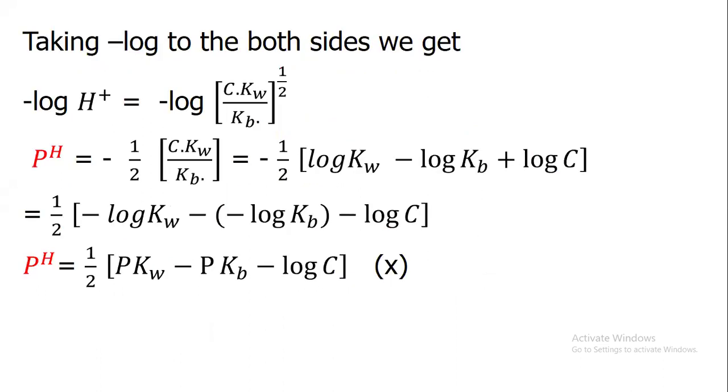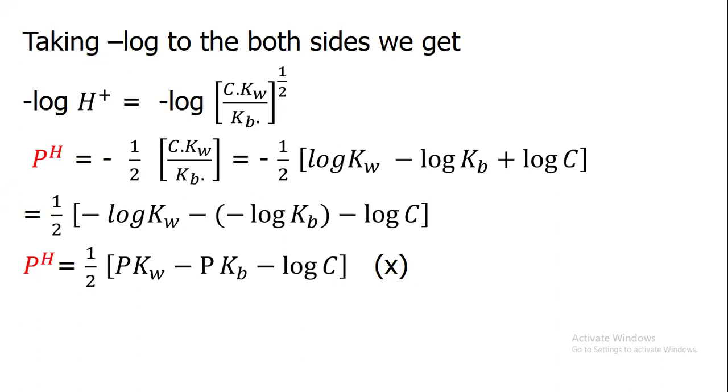Taking log on both sides we get minus log [H+] equal to minus half log C Kw over Kb, and minus log [H+] means pH.